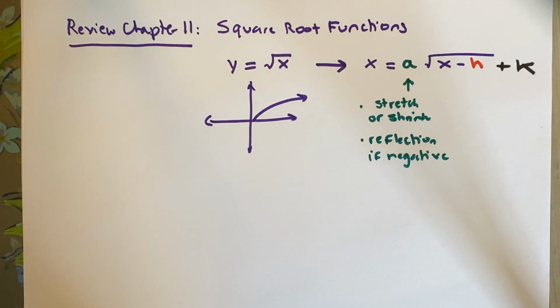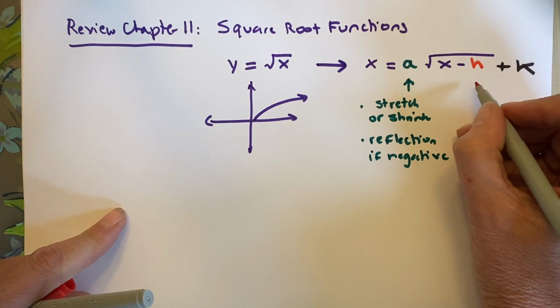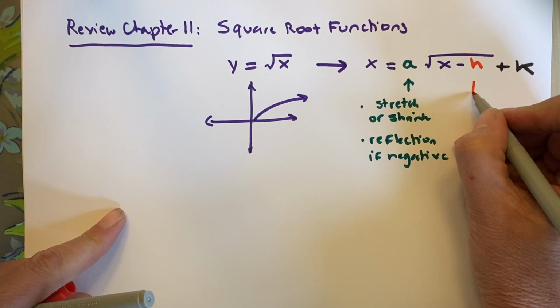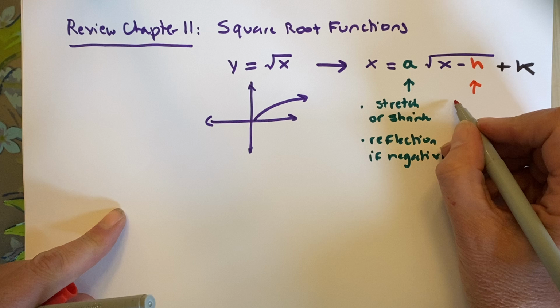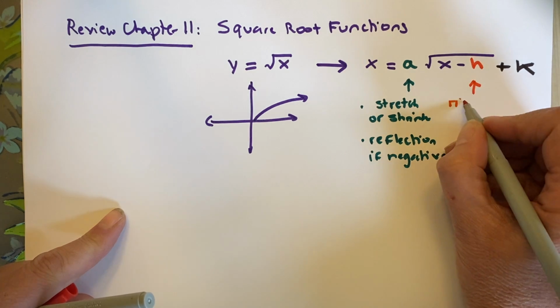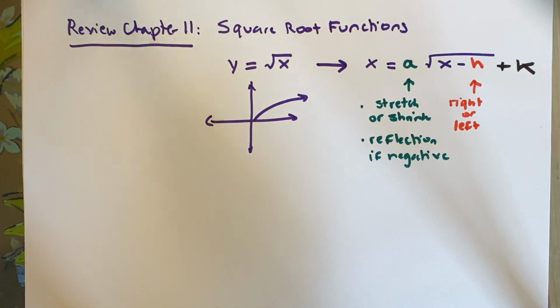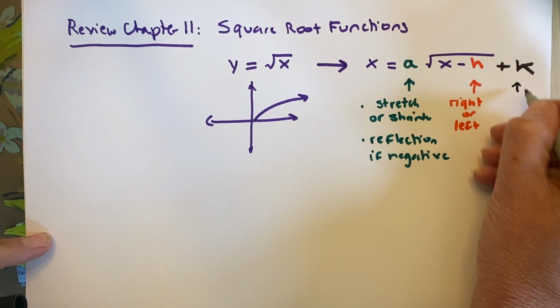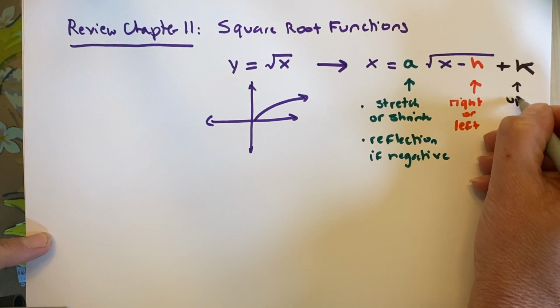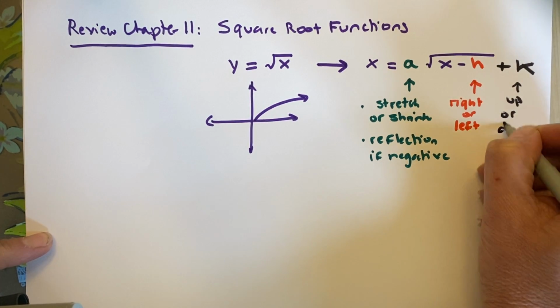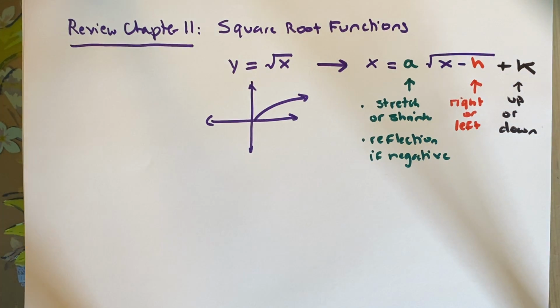So that is what a does. h moves it right or left. And k is going to move it up or down. Okay, so that's really important.